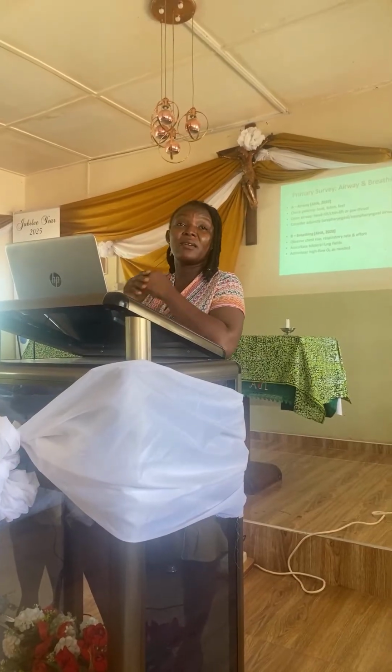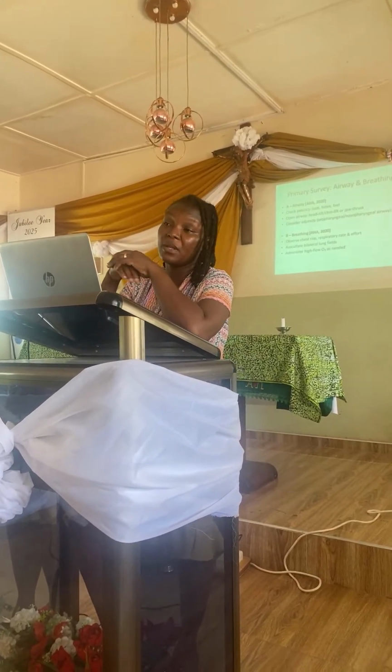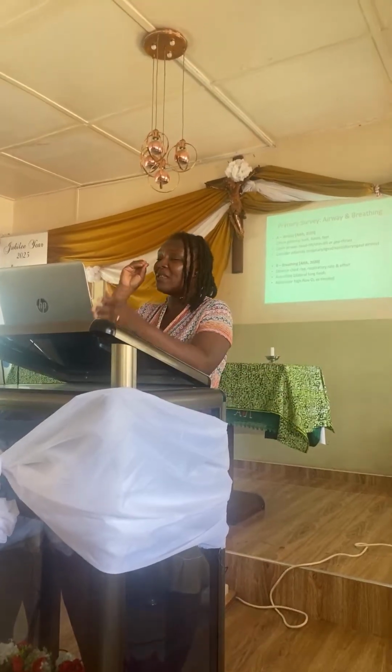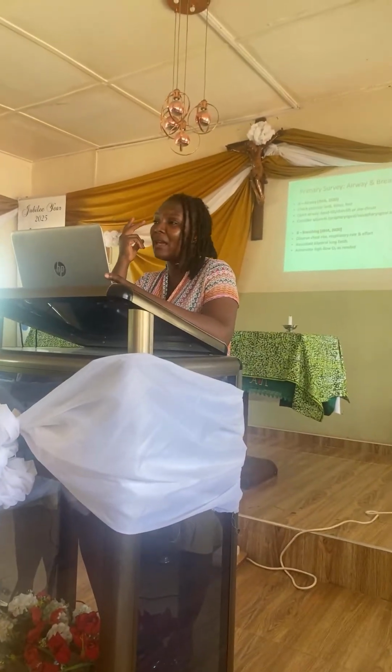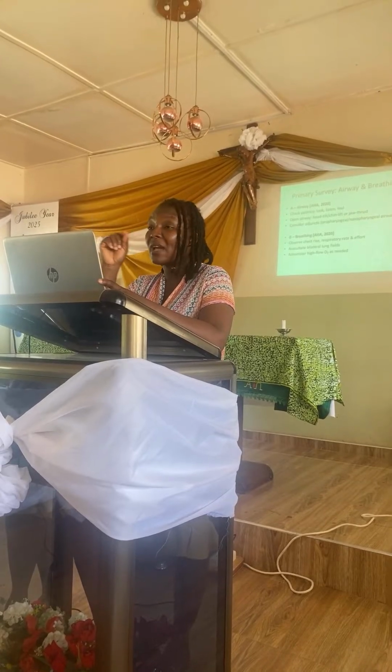This is also just a quick primary survey. We should do it in 5 minutes, sometimes more than that, because when you're interviewing, it takes time. So the idea here is to look for the things that can kill you in about 5 minutes, those that can kill you if nothing is done within 5 minutes. That is your goal. So those are the things you are sorting out.